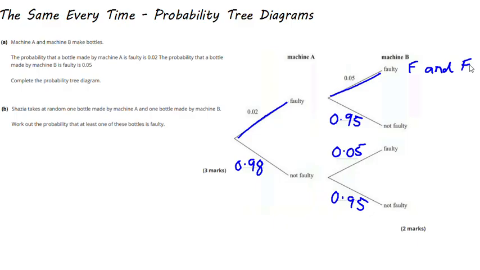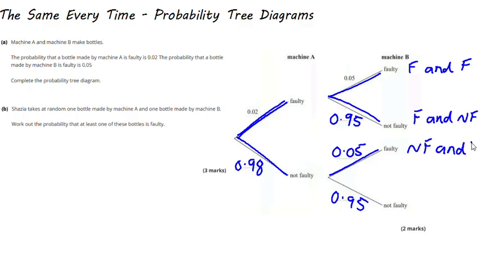The second option, faulty on machine A, not faulty on machine B. So faulty and not faulty. And then not faulty on machine A and faulty on machine B. And lastly, not faulty on machine A, and then not faulty on machine B, so not faulty and not faulty.